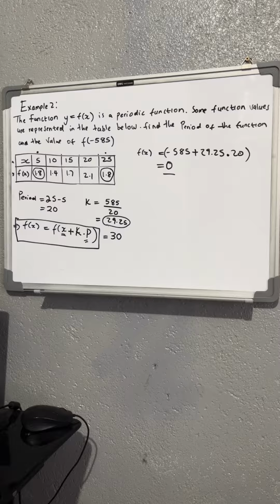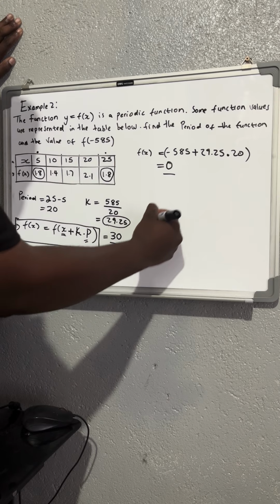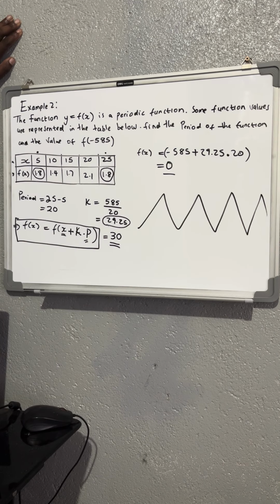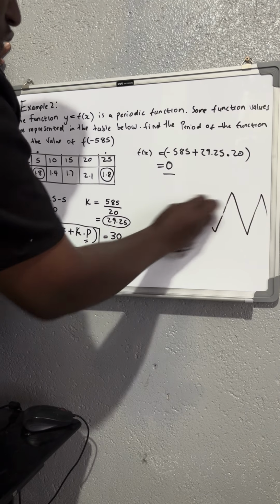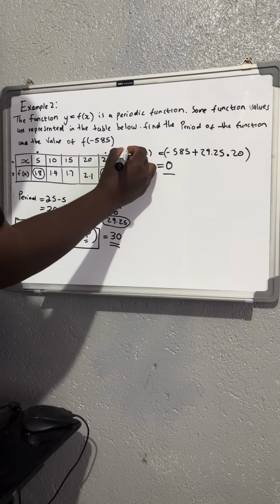So what does this 30 mean? It just means your graph is going to be making 30 jumps. So now you're going to do it again. This one was the first time.